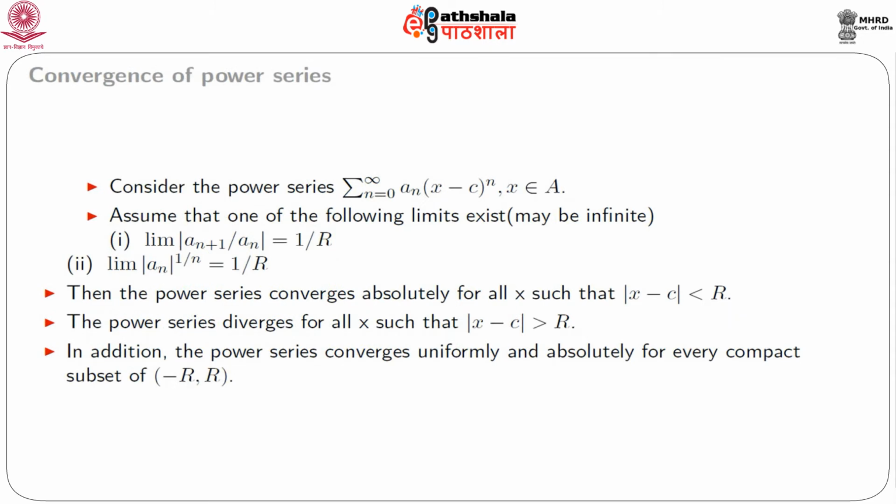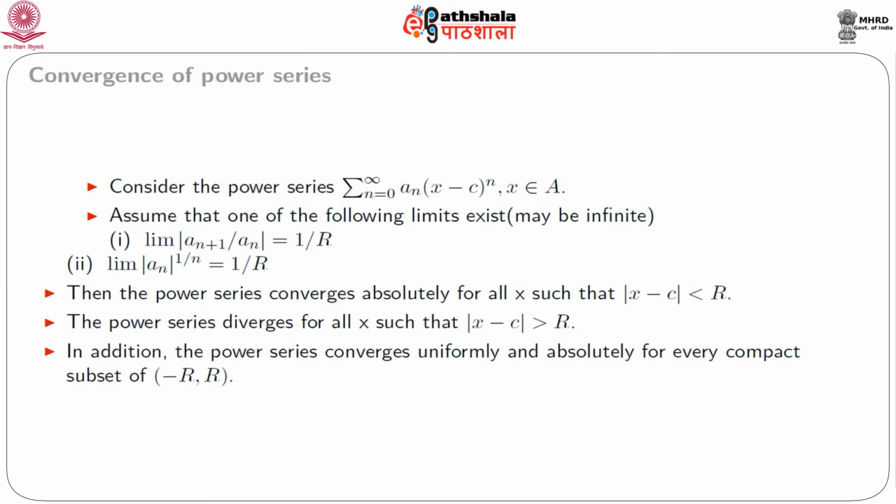In general, consider the power series summation n from 0 to infinity a_n (x minus c) to the power n for x belonging to some set A. Assume that one of the following limits exist. Note that here the limits may be infinite.